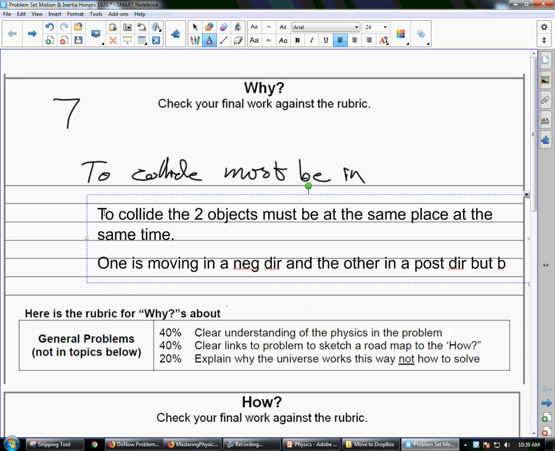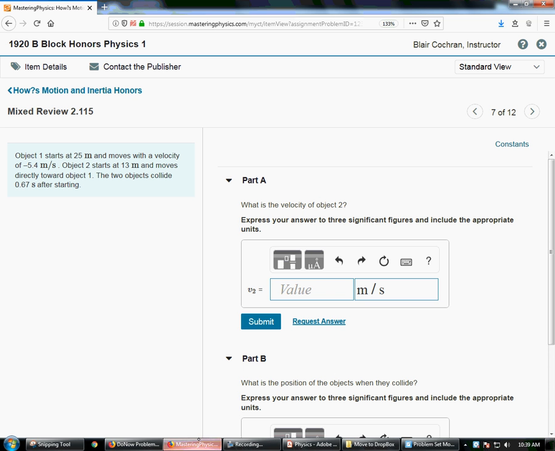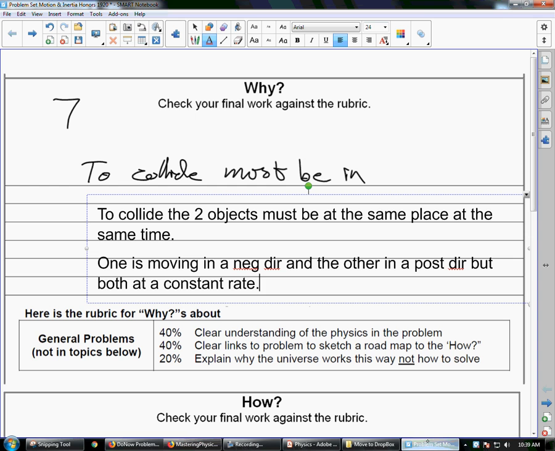But both at a constant rate. Do they have the same amount of time to move? Let's see. Yes. So that would be worth noting. They have the same amount of time to move.